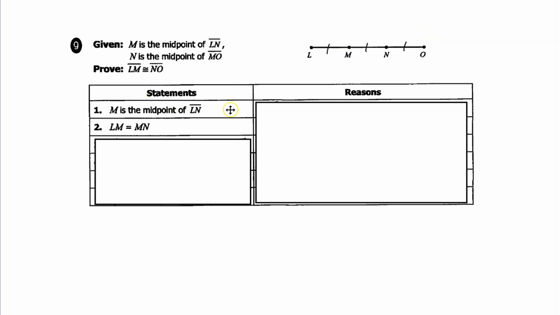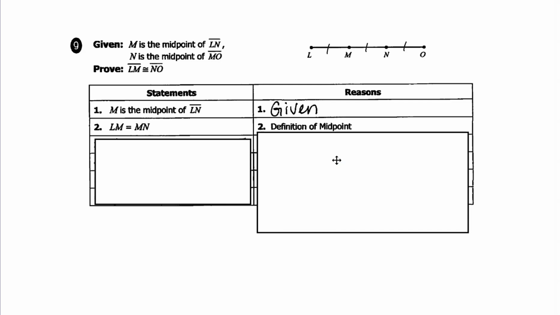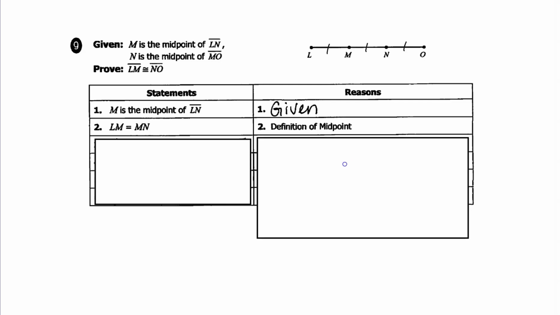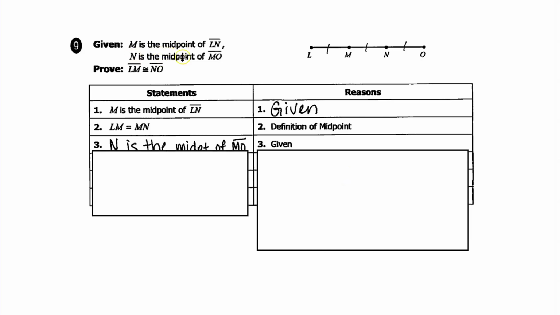So when we look at this, M is the midpoint of LN. That is given. LM equals MN. Well, that's the definition of a midpoint, which is given to you. Then you're given another given, and obviously the other given is what's written right here.